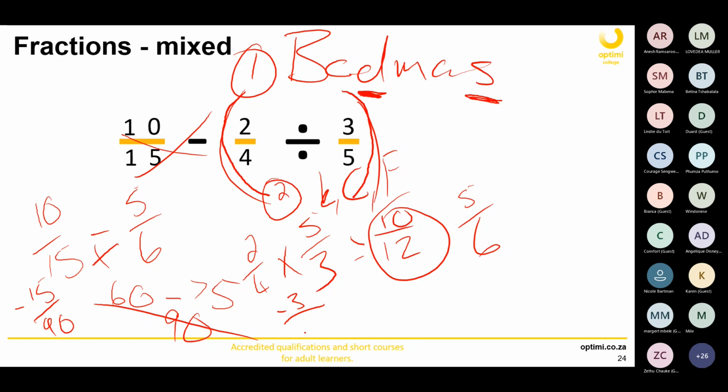But what's 90 divided by 5? Not 18. 6. 18. 90 divided by 5 is 18. It's 6. There's no 6 or 18, guys. 90 divided by 5 is 18.